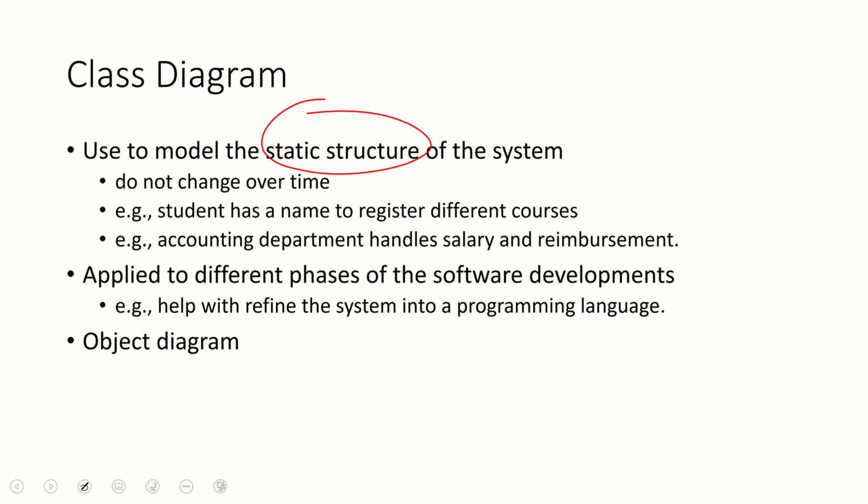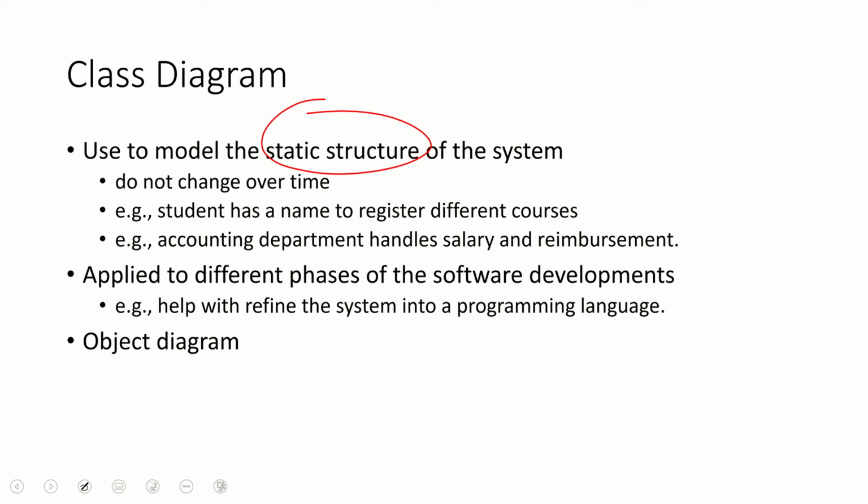For example, in some cases, a student has a name to register different courses. This sentence means one student can register different courses using one name. They have a relation, and these operations stay the same. They won't change.